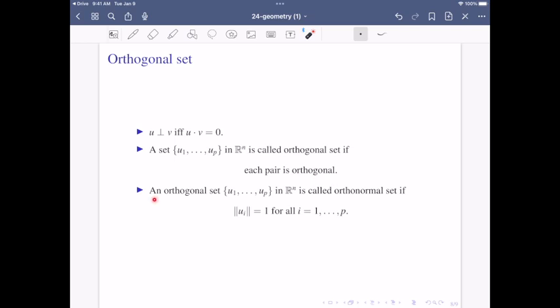An orthogonal set of vectors is called orthonormal if each vector has unit length. So orthonormal requires both orthogonality of these vectors and unit length.